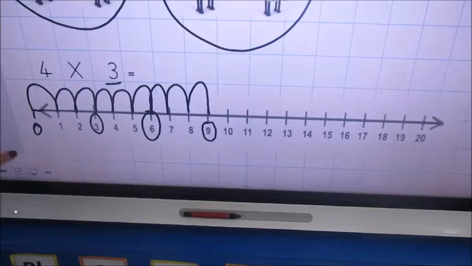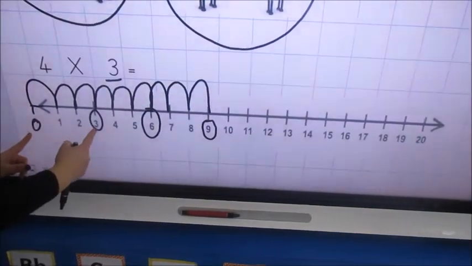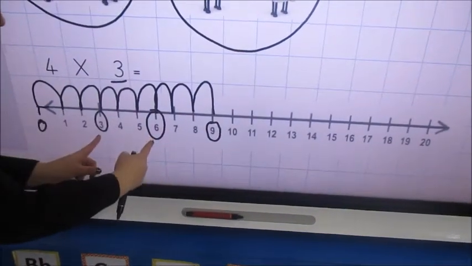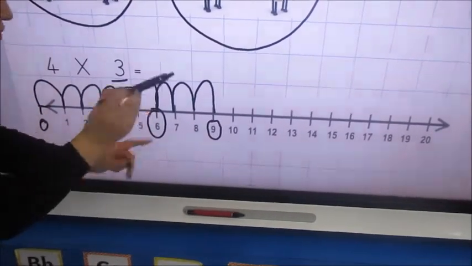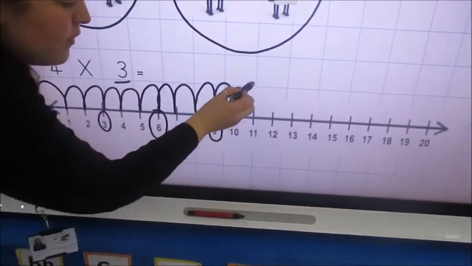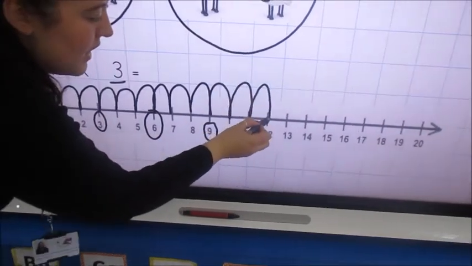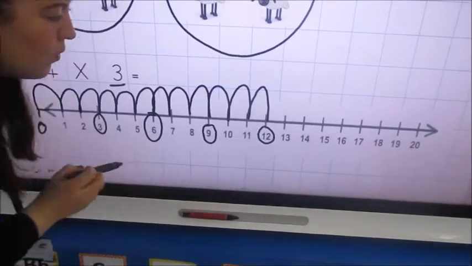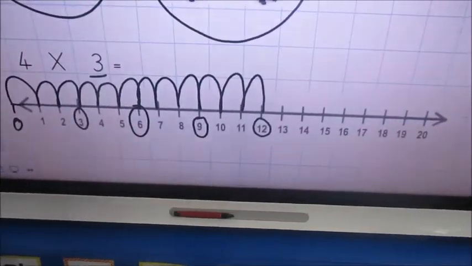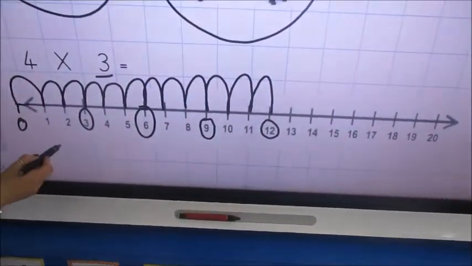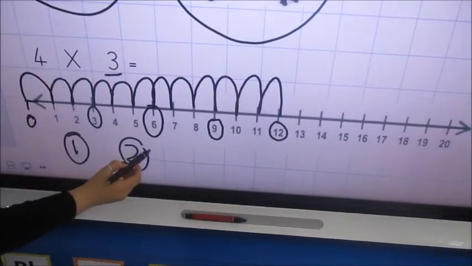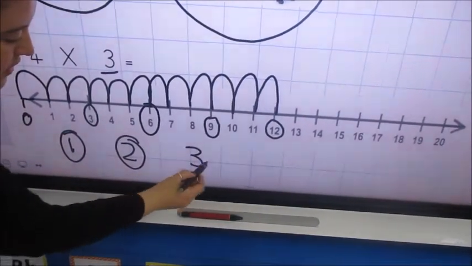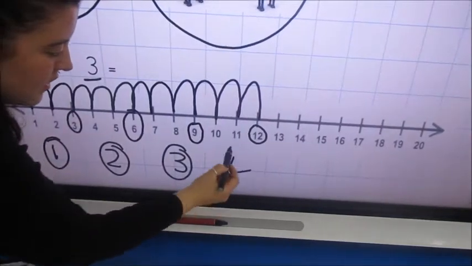So far I've done 1 lot of 3, 2 lots of 3, 3 lots of 3, but I need to do 4, so I'm going to do 1 more jump of 3, and I'm going to land on the answer. What number have I circled there? Number 12, okay? So I've done 1 lot, 2 lots, 3 lots, and 4 lots.